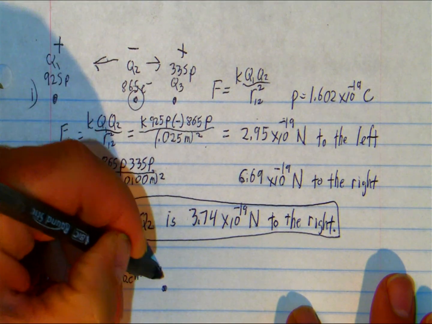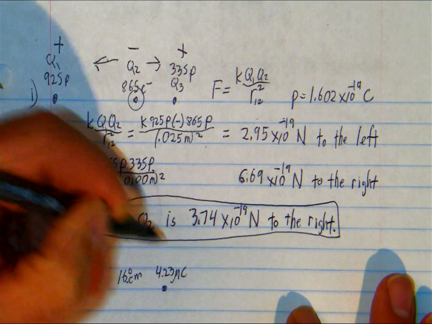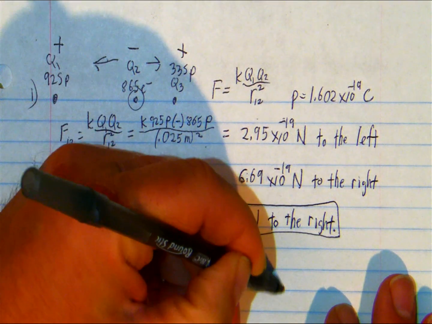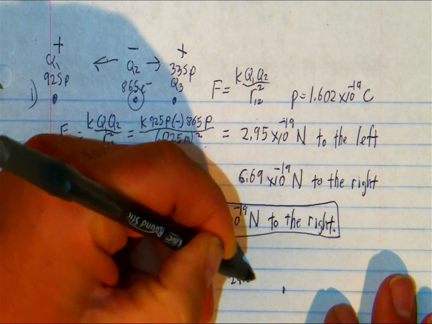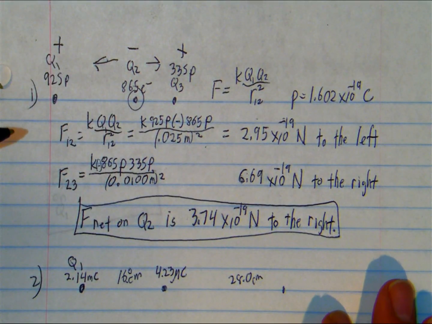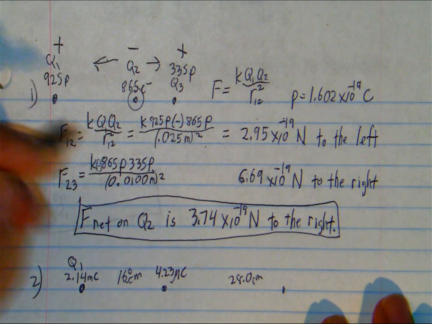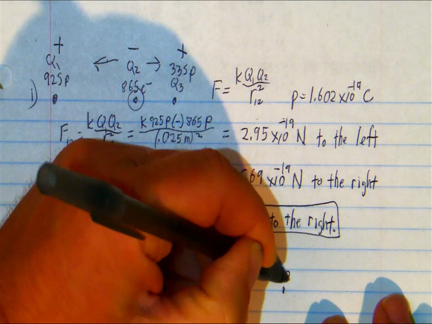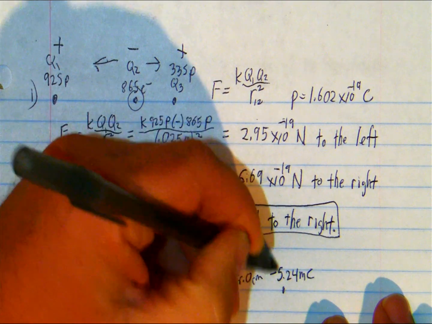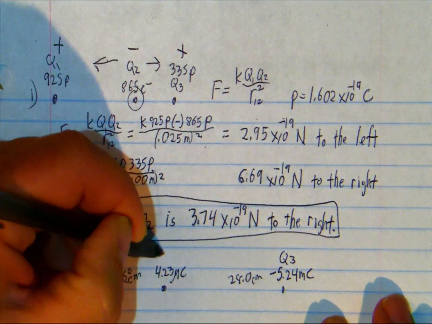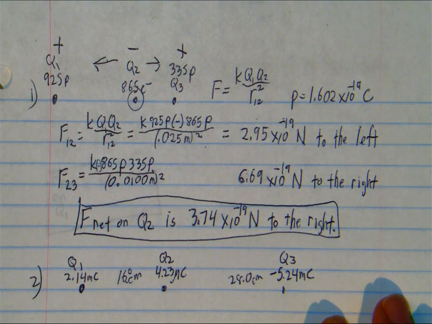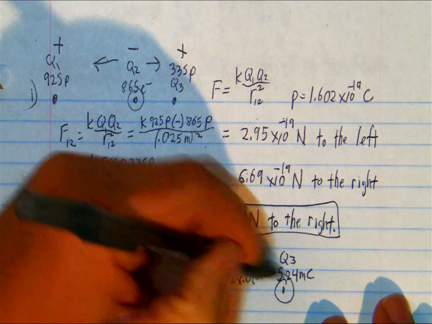Q2 is 4.23 microcoulombs. Then I go another 28 centimeters to the right from that, and I get to charge Q3, which is negative 5.24 millicoulombs. And I ask you to calculate the net force on charge Q3.